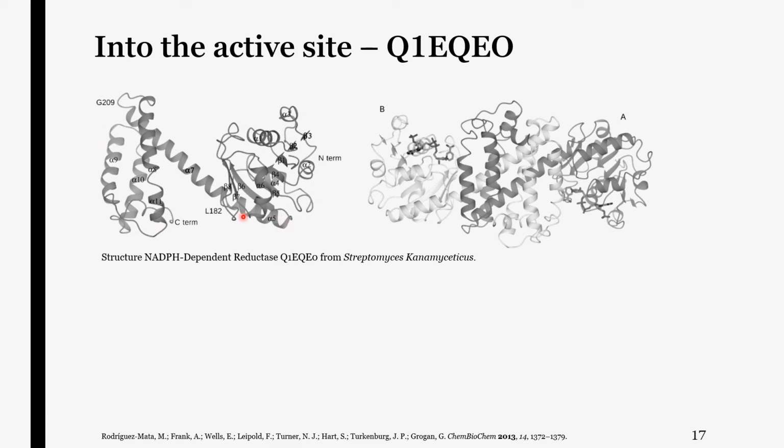The N-terminus contains a Rossmann fold, which has alternating alpha helices and beta sheets, which constitutes the Rossmann fold for the NADPH binding. Here the first structure was solved in the bacteria Streptomyces kanamyceticus.